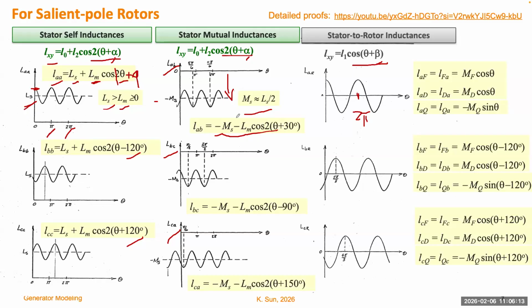The third column will be very simple. If we use LAF as one example, it is basically just some magnitude multiplied by cosine theta. And for LBF we add a negative 120 degrees, and for LCF we add a positive 120 degrees.